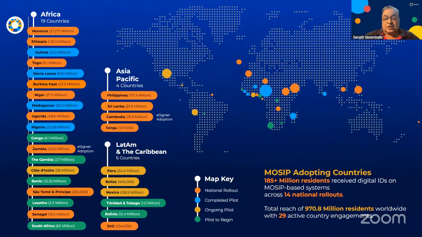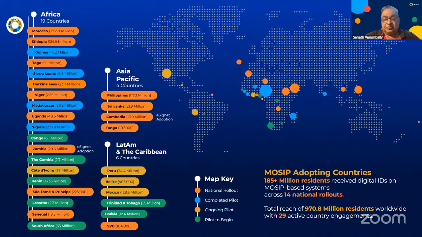If you see the color code, we have national rollouts in the first color code, then completed pilots. That is the approach we usually adopt: we go to a country, roll out a pilot first with a few thousand IDs generated, showcase the solution, and then go for the national rollout.